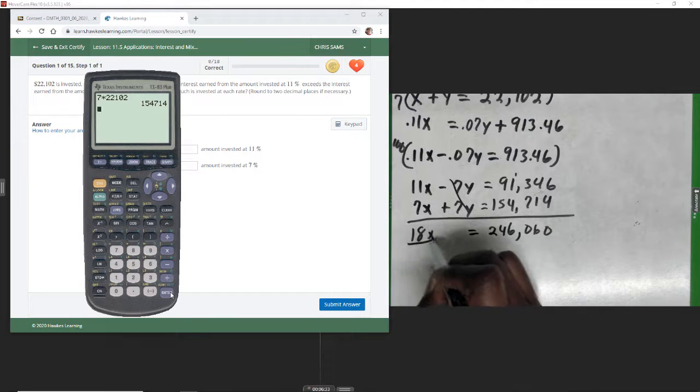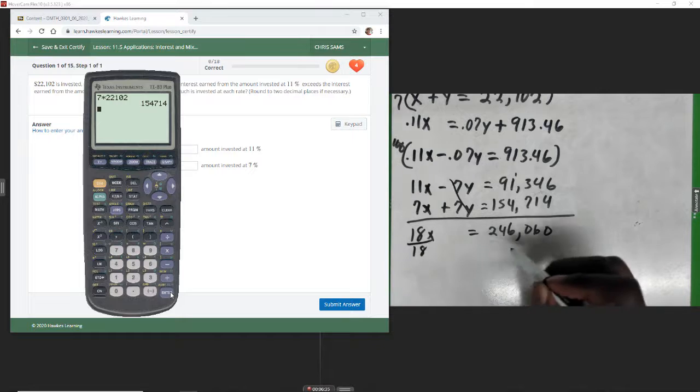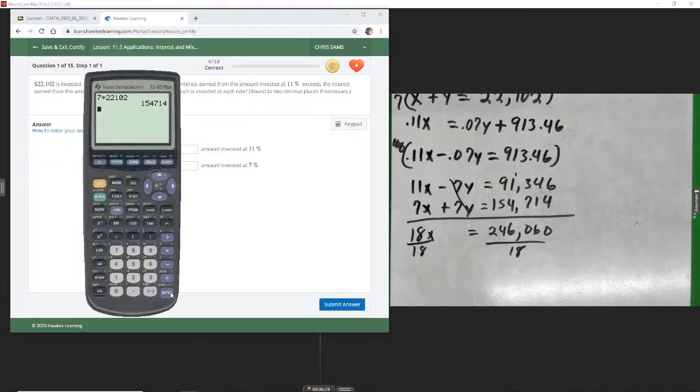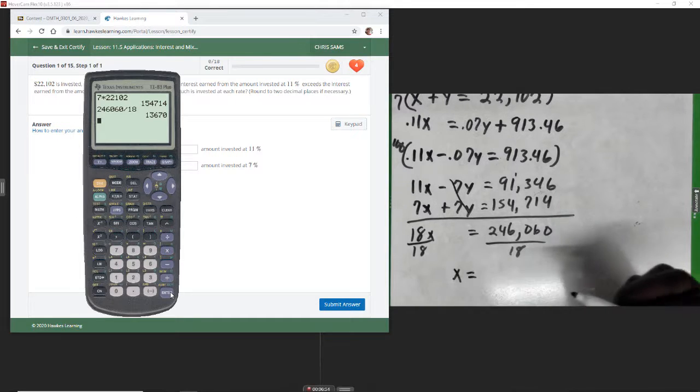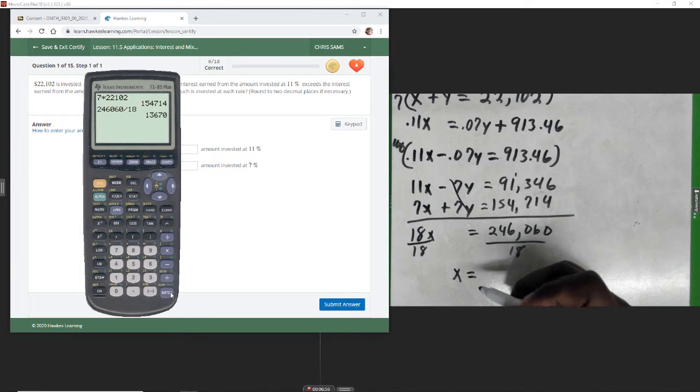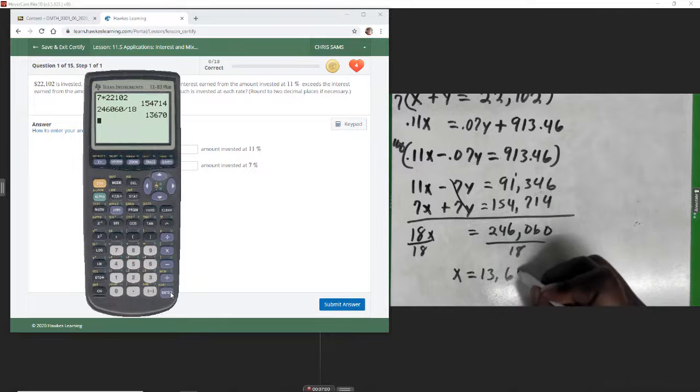We're going to divide by 18. Okay, so again, we got some pretty big numbers, so we'll let the calculator compute this. 246,060 divided by 18. And this gives us x equals 13,670.